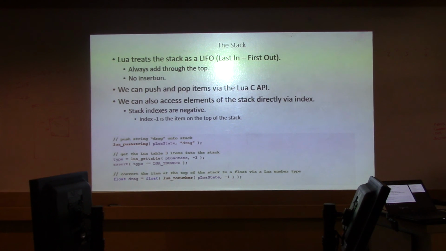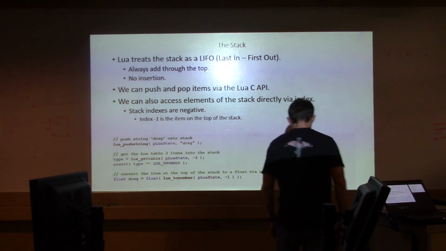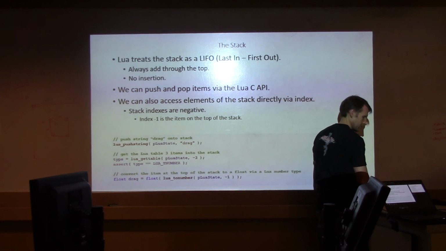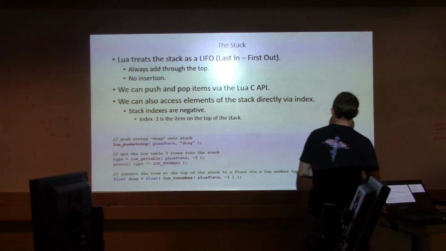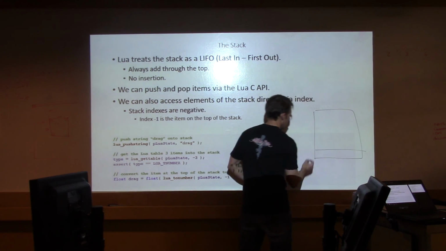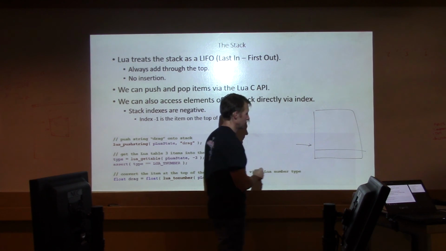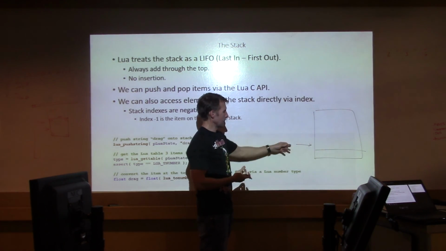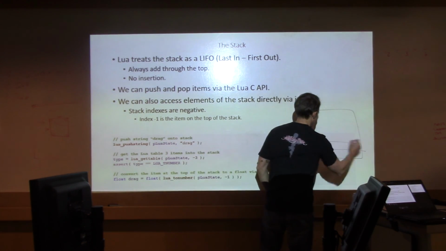And here's the thing I hate: stack indexes are negative. I don't know why they did this, and it bothers my brain. If you look at their abstract stack, it's just a stack. The stack pointer, we don't have access to it. Whatever the current stack pointer is, that's the next empty slot on the stack.